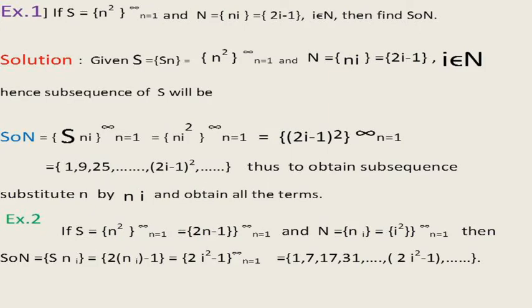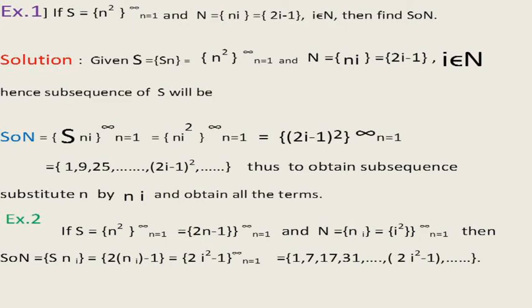Second example, sequence S is given as n square, that is 2n minus 1, and sequence n_i is given as i square, i is equal to 1 to infinity. Then this subsequence is nothing but S_{n_i}. So substitute this n by n_i.